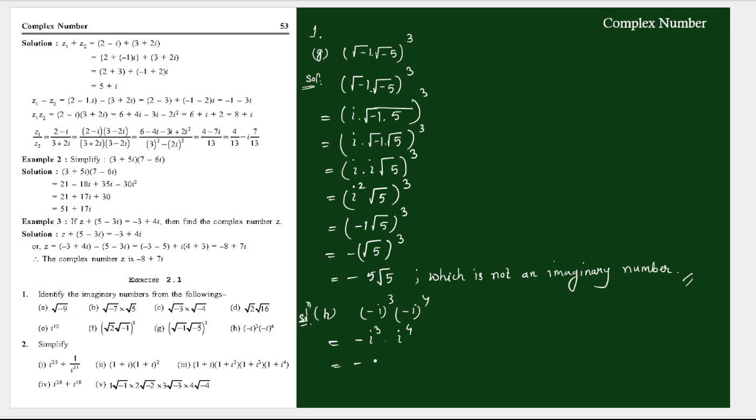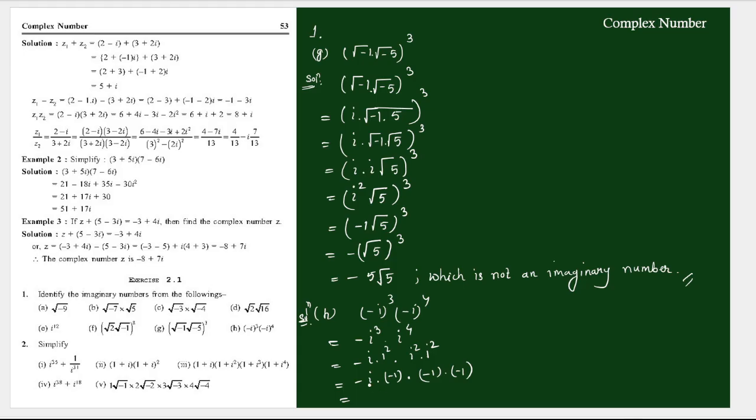So minus i cube. Here we can find i into i square, and here we will get i square into i square. Now i square is your minus 1, right? So minus 1 into minus 1.